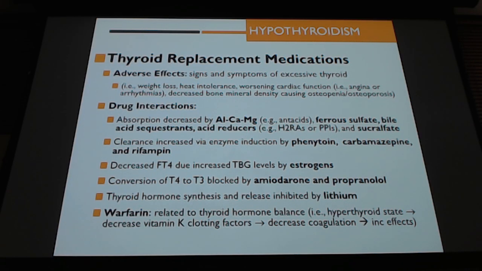And then you see your acid reducers, like your proton pump inhibitors or your H2RAs. If I need an acidic environment and you're now suppressing that, right, and you're controlling that, then I may have issues with absorption, okay? So your absorption will essentially decrease in that situation. Your clearance increased via induction, right? So these are some of our anti-what medications?